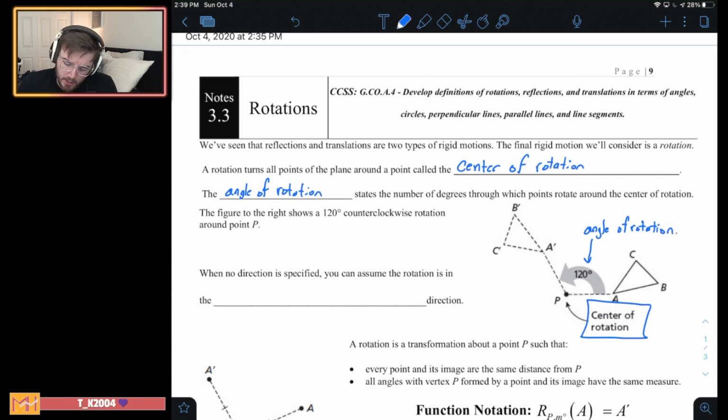The figure to the right shows a 120 degree counterclockwise rotation around point P. Counterclockwise, a clock ticks going this way, right? We're going around a clock this way. 1, 2, 3, right? Counterclockwise is the other way around, okay?